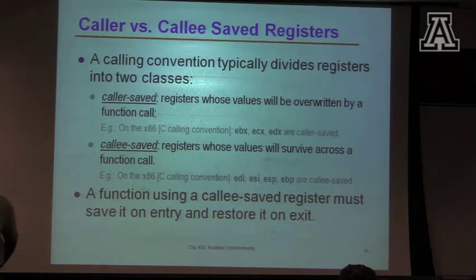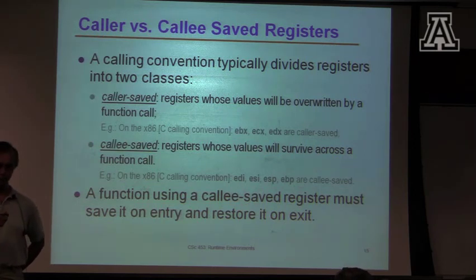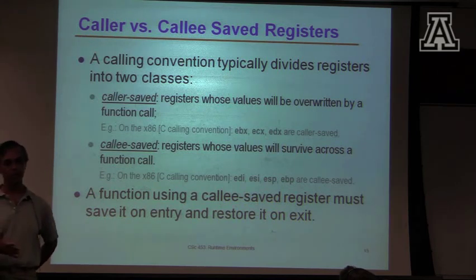So you could turn that around and say, how about it's the caller's responsibility to always save any register that it wants to survive across a function call, and the callee doesn't need to worry about it. And this has a dual downside.